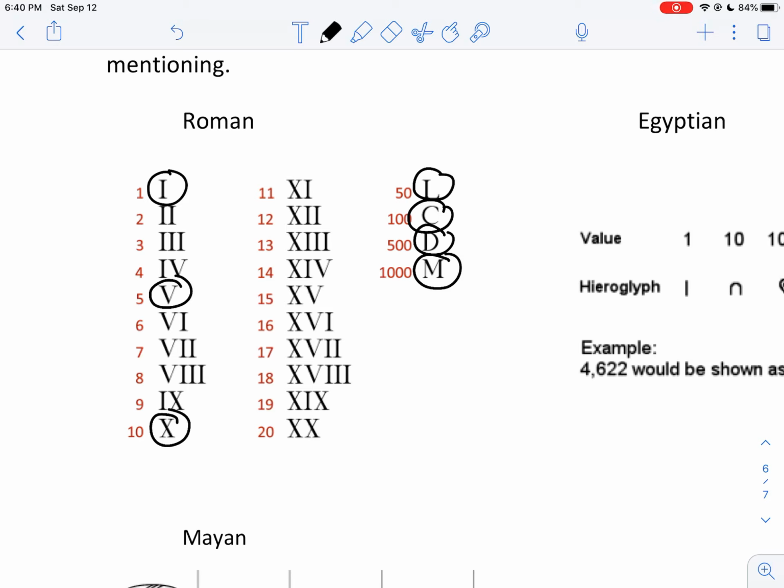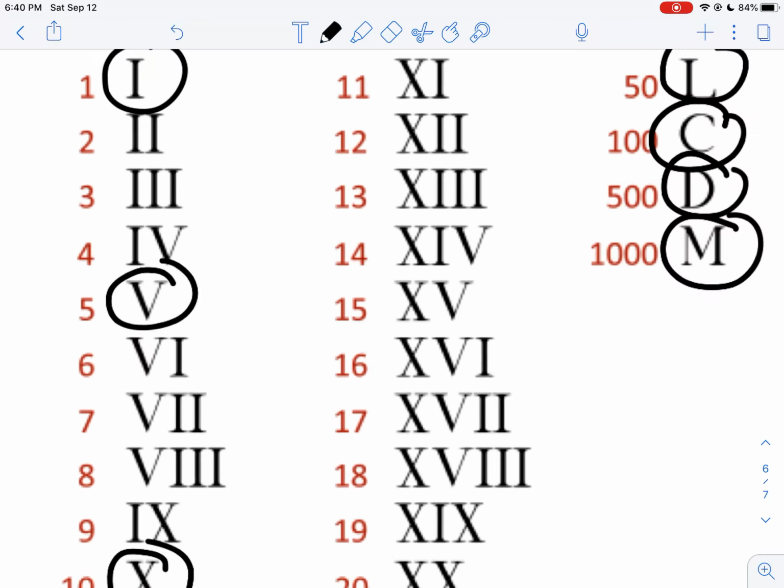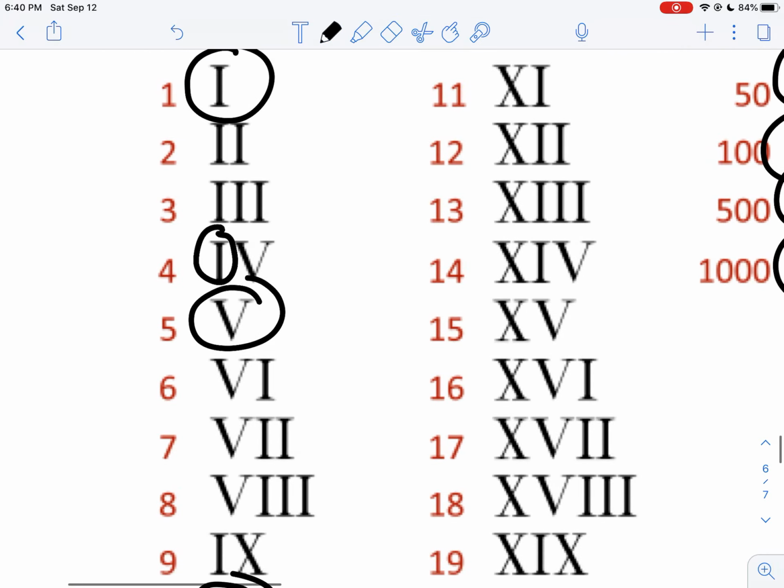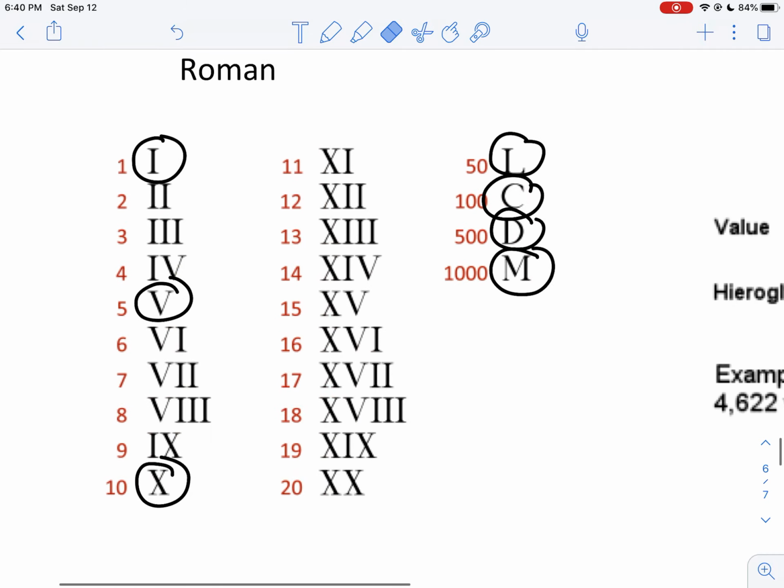If you were to put a larger digit followed by a smaller digit, the implication is to add them. So that would mean 5 plus 1, you get 6. But when you put a smaller digit in front of a larger one, it means to do some subtraction. It means remove 1 from the 5, and that's how you get this 4. It's sort of a convention of the Roman numeral system.